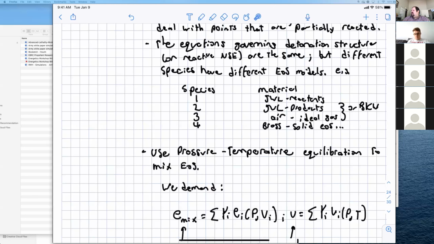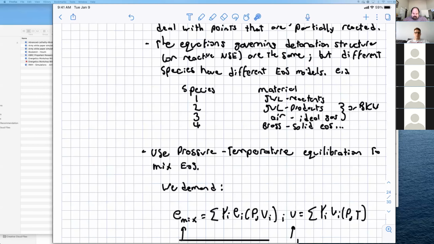And you also need to assume that all of the different materials agree to a common temperature. The process of finding that unique pressure and temperature, where all of these different materials can shake hands and agree, is called pressure temperature equilibration.